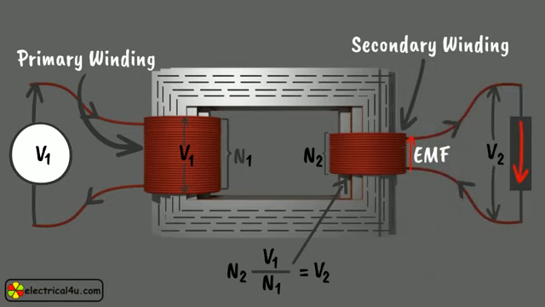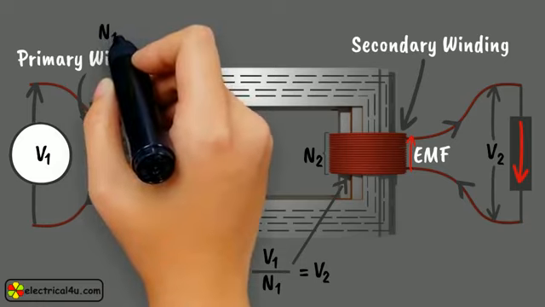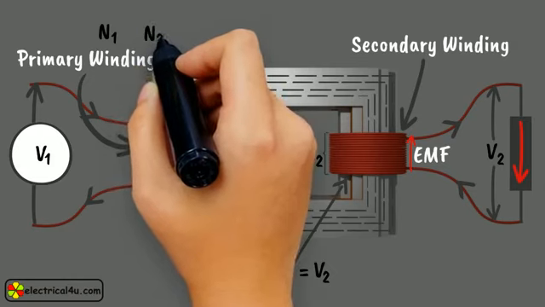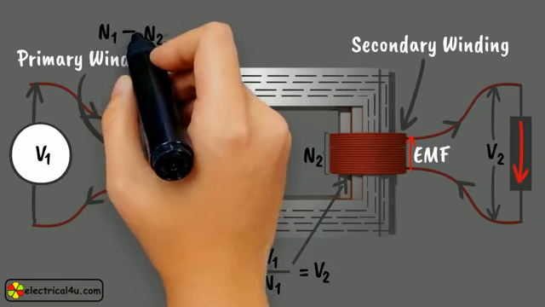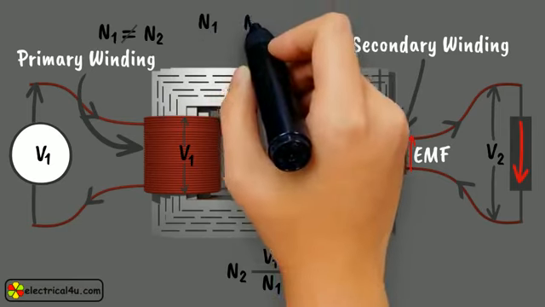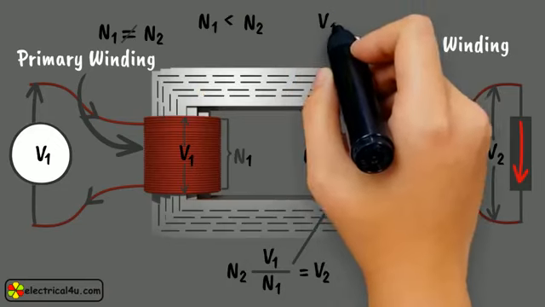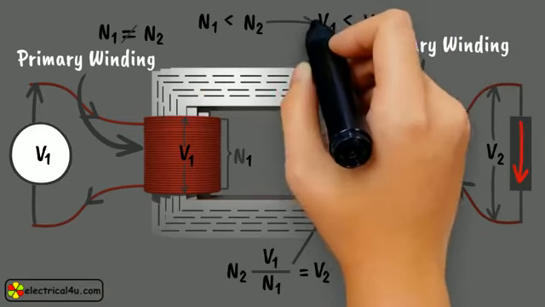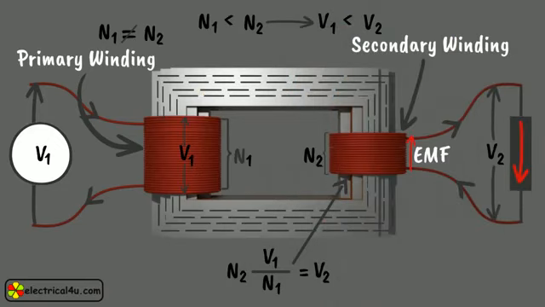If the number of turns of the secondary winding is not equal to that of the primary winding, that is, if N2 is not equal to N1, then the secondary voltage of the transformer is different from the primary voltage. If N2 is greater than N1, the secondary voltage will be more than the primary voltage.